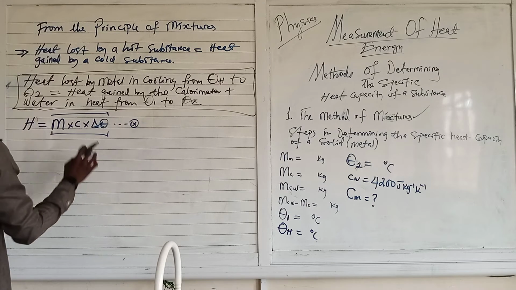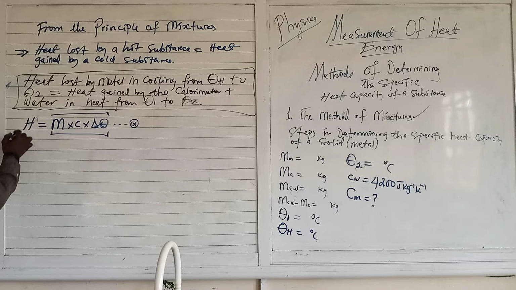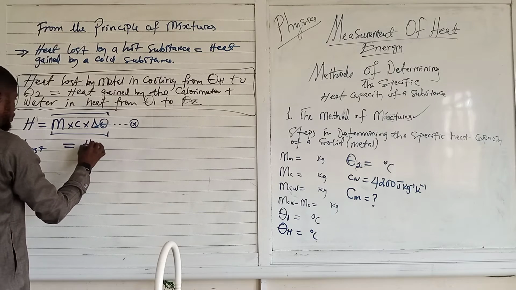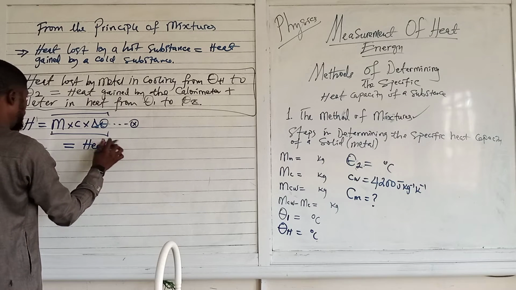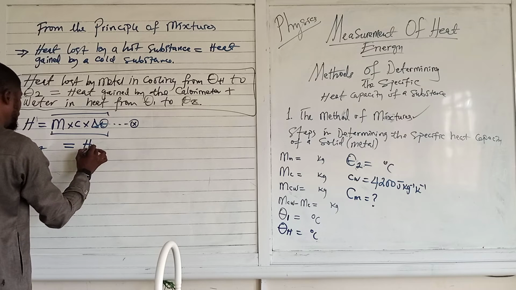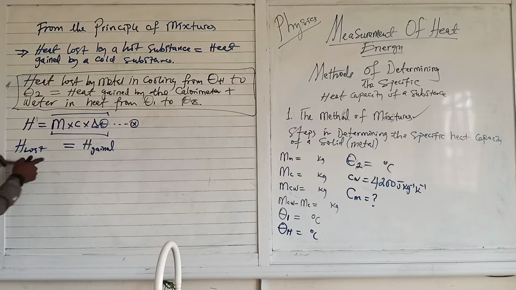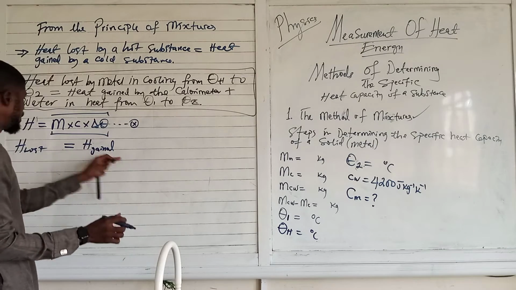So, on the left hand side, we can write that heat loss is equal to what? H loss is equal to H gain.